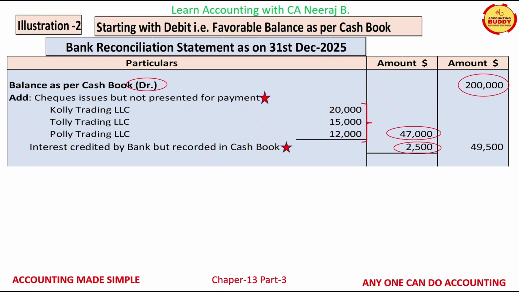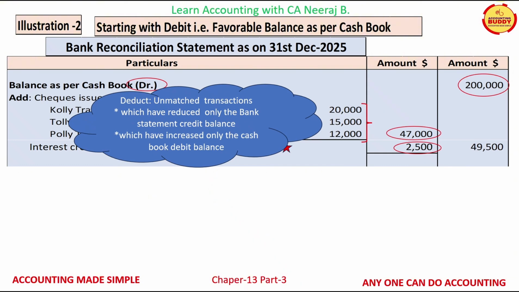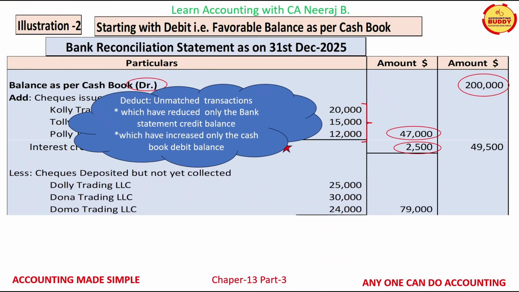As a next step in the bank reconciliation statement, let us now deduct the unmatched transactions which have only increased the debit balance of the cash book and the unmatched transactions which have only reduced the credit balance in the bank statement. These transactions are checks deposited but not yet collected.